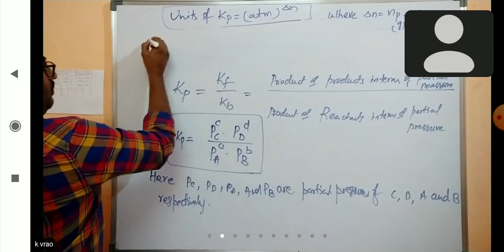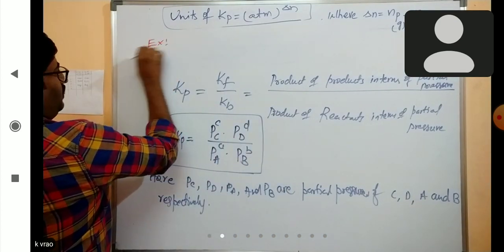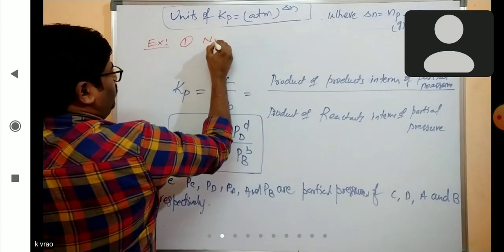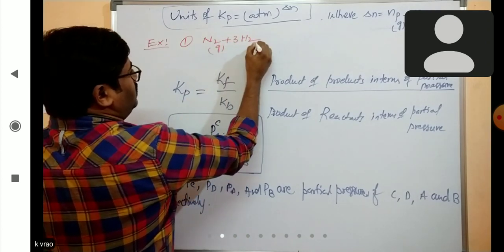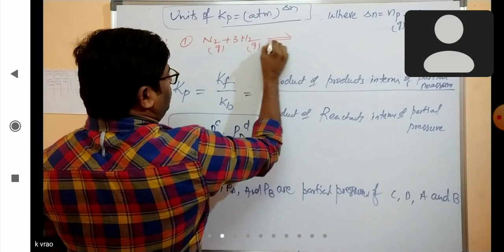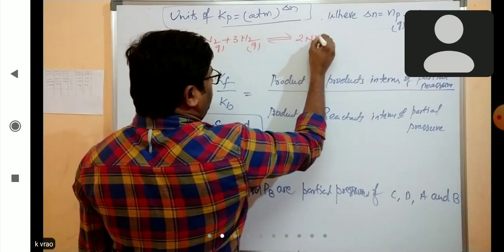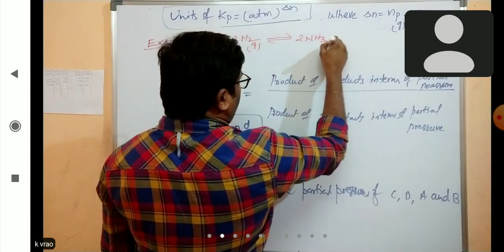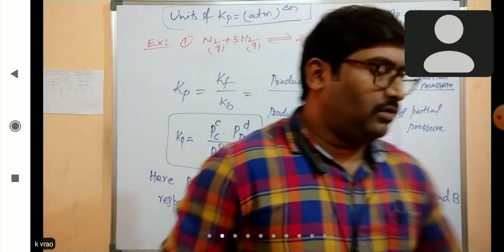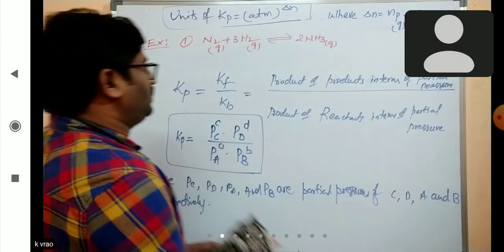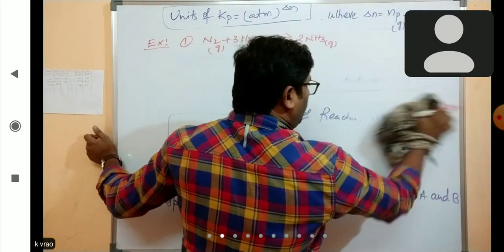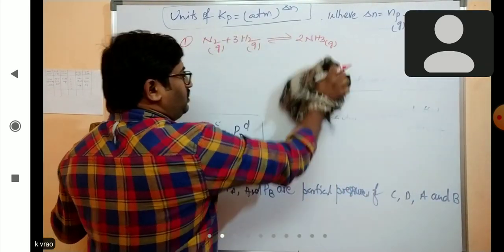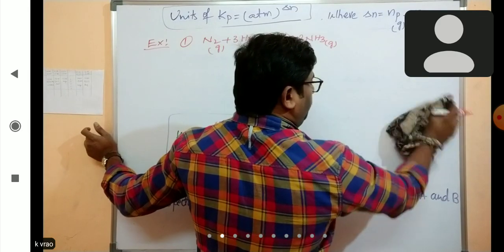So let us take one example of this. N2 gas plus 3H2 gas gives 2NH3 gas. Now the Kp expression for this reaction, the preparation of ammonia.